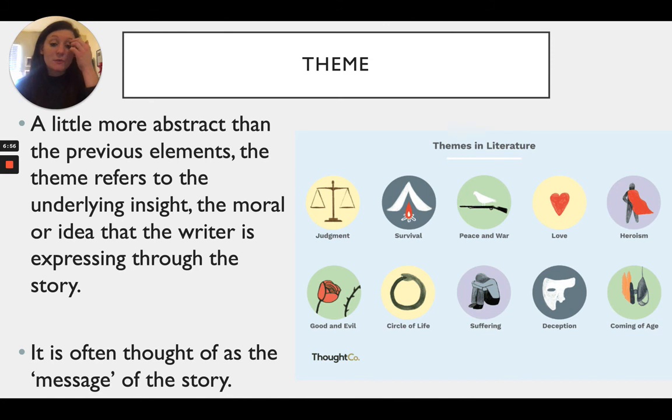You could have a theme of the difference between good and evil, the theme of the circle of life, so all of us are born, we're all kids, we grow up, we become teenagers, we start to become older, and then we become parents and grandparents, and eventually we all will die. And so that's kind of the circle of life. So that can be a theme. Another theme could be on suffering or even like deception and coming of age. So when you start to grow up and become an adult.